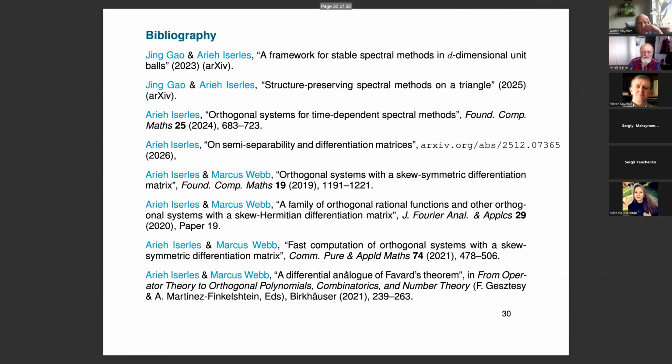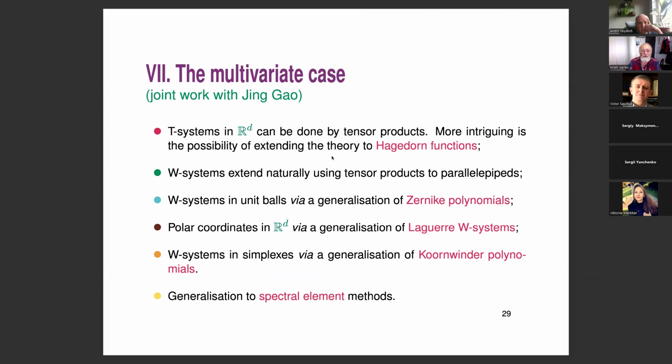Again, I don't have the time to go into that: to R^d, to parallelepipeds, to unit balls, to polar coordinates, to simplexes and polytopes, and hopefully, but this is not yet finished, to so-called spectral element methods.